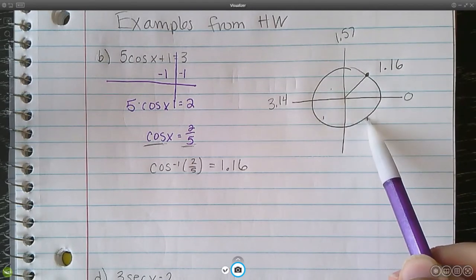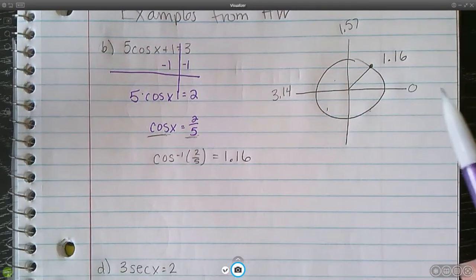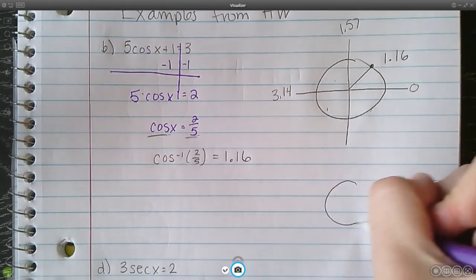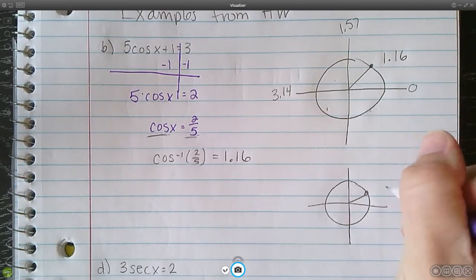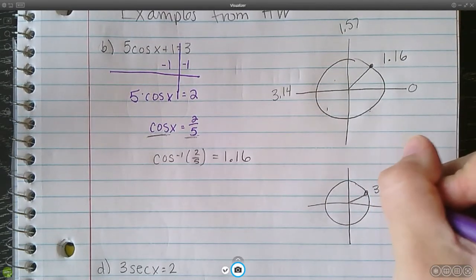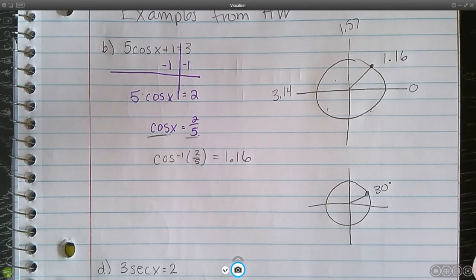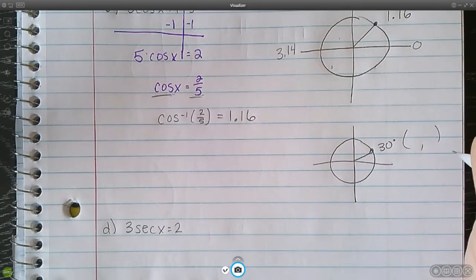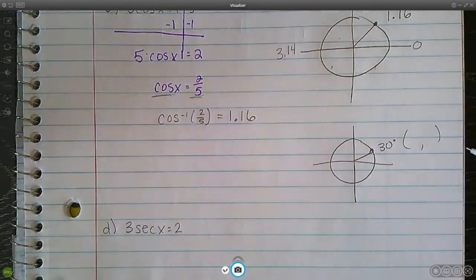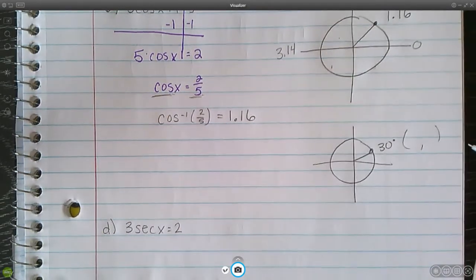So that means it has to be here. So now I'm just going to draw an example in degrees. Let's just pretend that this was at 30 degrees. And this coordinate point is at, oh my, why can't I think?